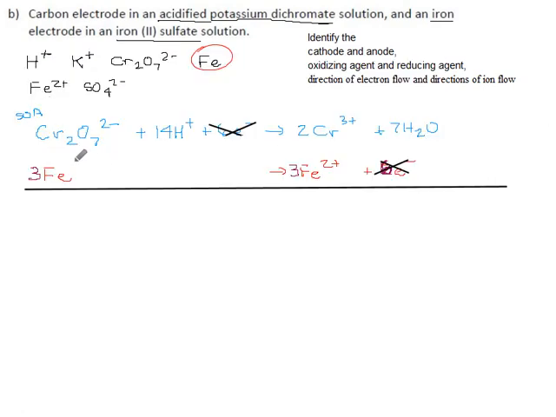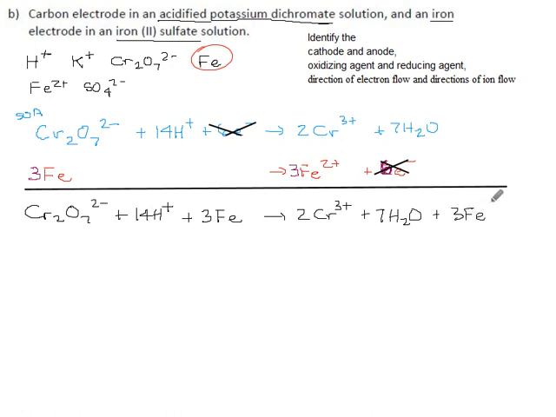And our net reaction, or our overall cell reaction, will be Cr2O7 2-, 14 hydrogen ions, 3 iron atoms, turning into 2 chrome 3 ions, 7 water molecules, and 3 iron 2 ions.